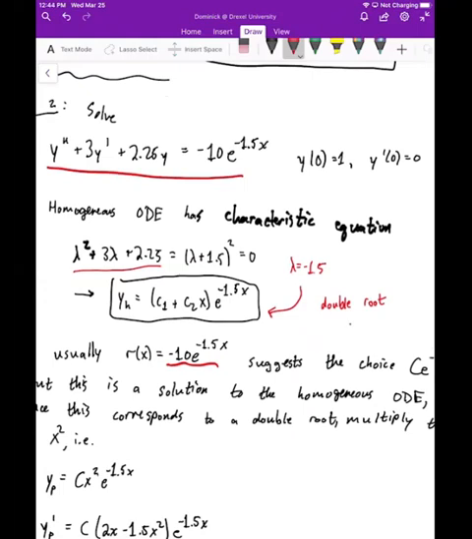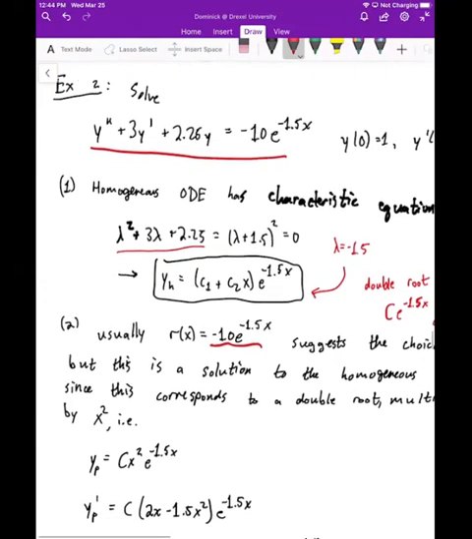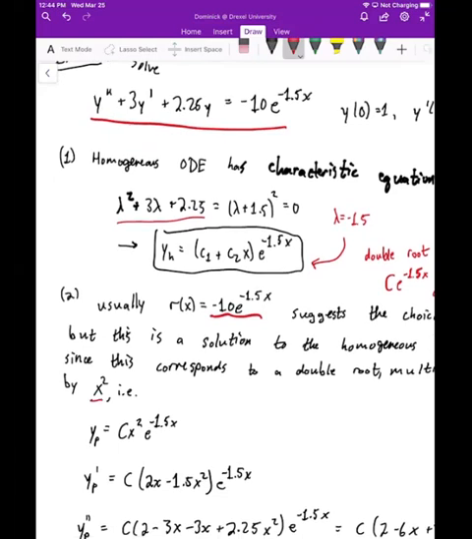C times e to the negative 1.5x is already a solution. And of course, this is the idea behind the modification rule, and this says to multiply this by x or x squared. Now, of course, if you multiply by x, that's also a solution, because this was a double root. So what you would need to do is multiply by x squared.